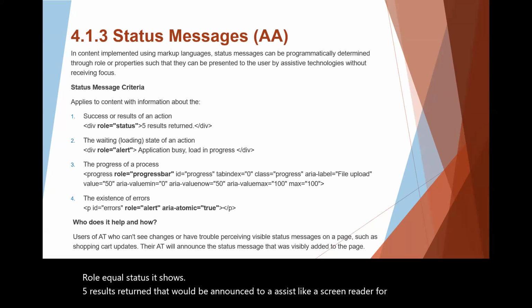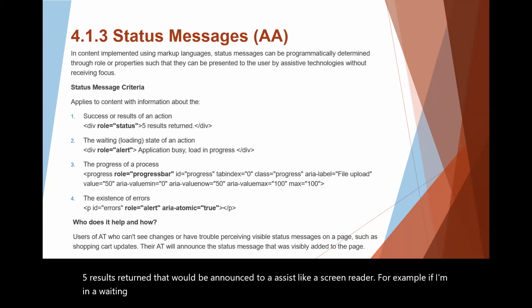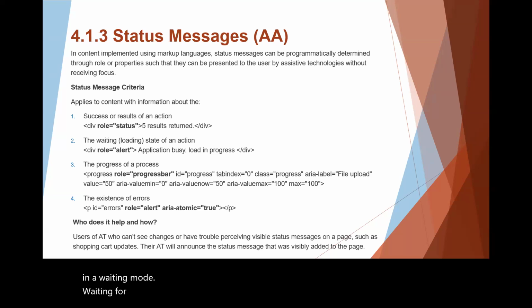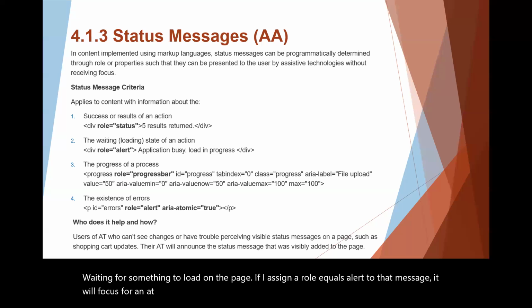If I'm in a waiting mode, waiting for something to load on the page, if I assign a role equals alert to that message, it will focus for an AT device and they'll know, hey, the application's busy at the moment, loading in progress.